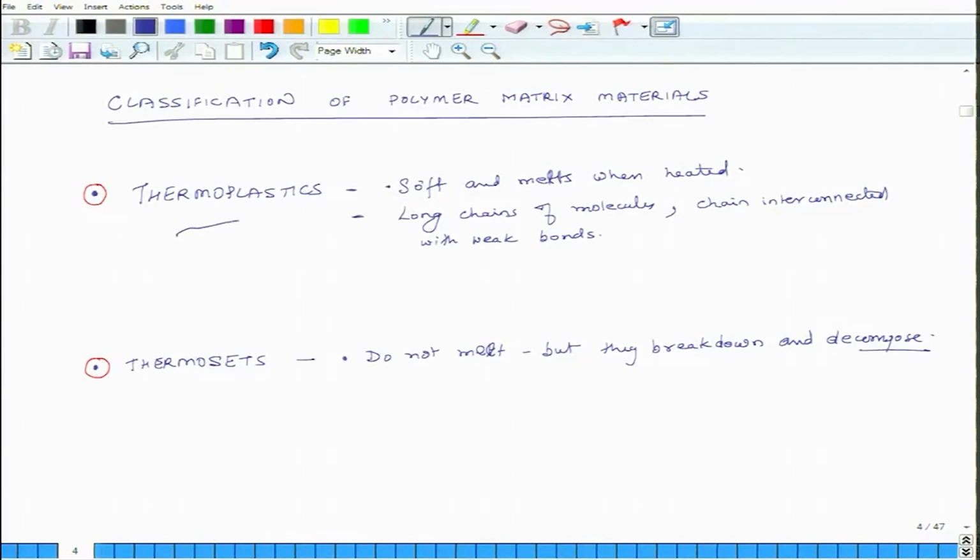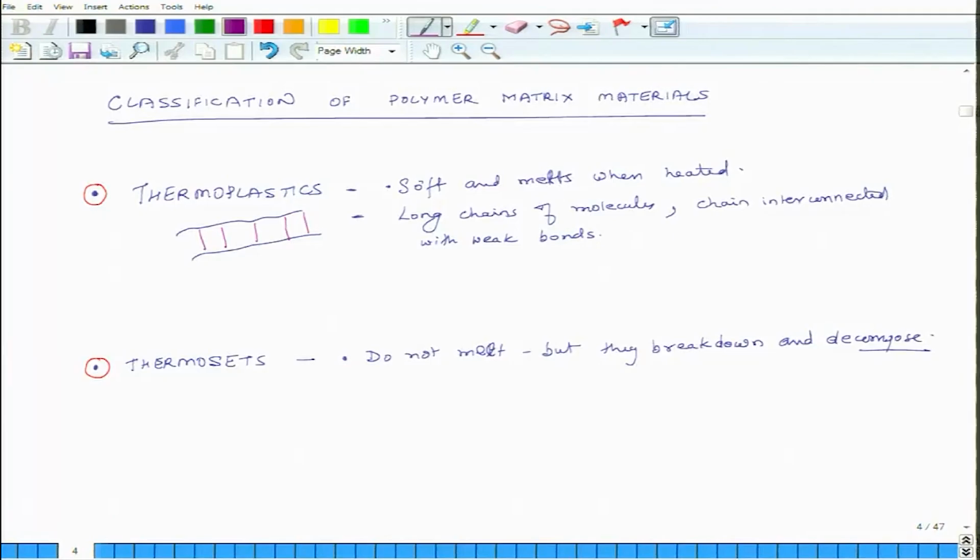So you have a chain, this is a chain, and then they are connected with weak bonds. So what happens is, when you heat it, these bonds break, and then the chains start moving. One chain slides over another chain, so that's why it becomes soft, and eventually it starts flowing very easily. So this is what happens.